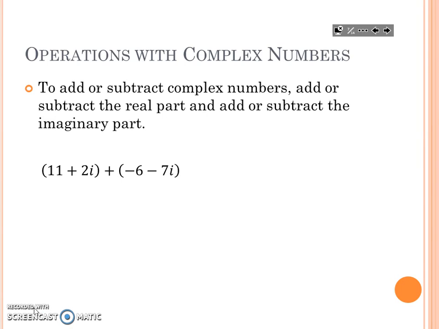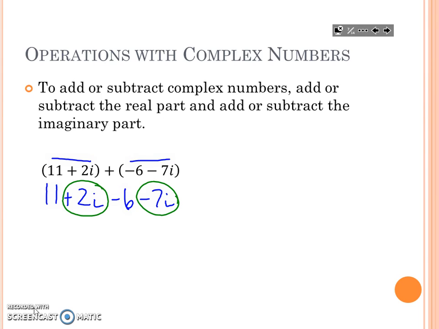That's a complex number. I've got a plus sign there. So with my plus sign, I really don't need to worry about those parentheses. I've just got 11 plus 2i minus 6 minus 7i. And all I'm going to do is combine like terms.